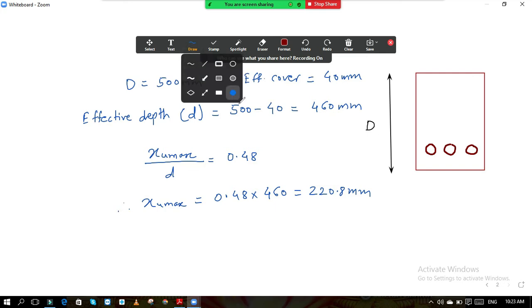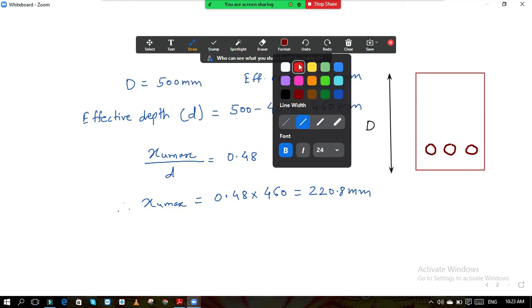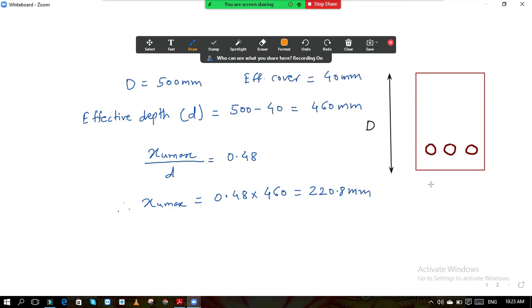And here, see what is clear cover and what is effective cover. If you measure the distance, I will show you with a different color, from this bottom up to this point, up to the bottom of the bar, then this is your clear cover. This is called clear cover.